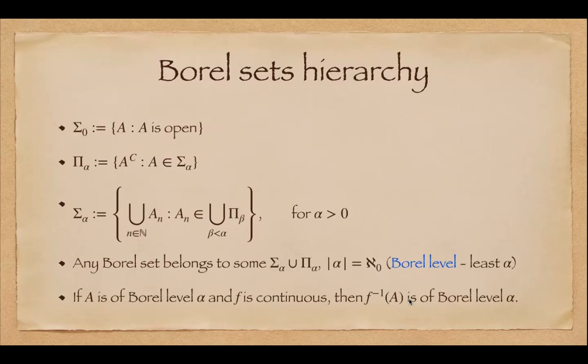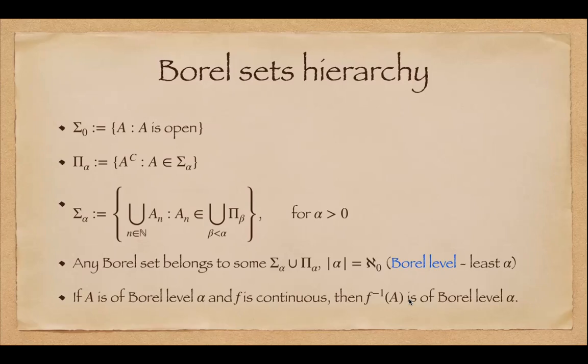You can never go out of the Borel sigma algebra because all the operations that you make here are operations of the sigma algebra, so you cannot get out of it. But after you covered all countable ordinals, then you already have a sigma algebra, and this is the Borel sigma algebra.